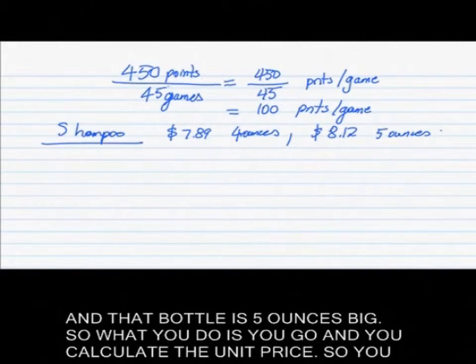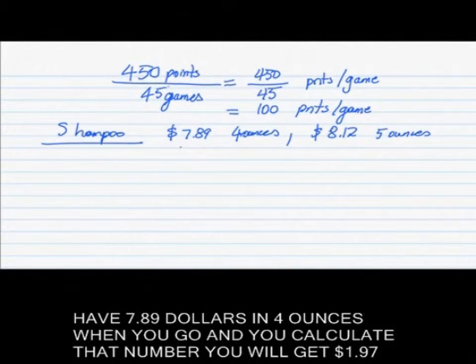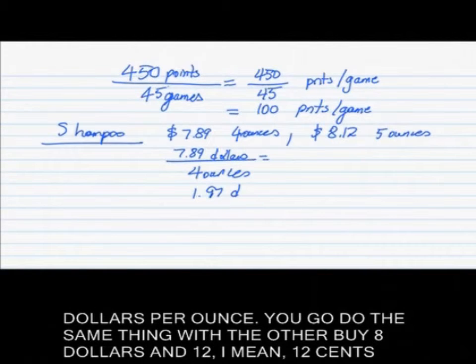So what you do is you go and you calculate the unit price. So you have $7.89 in 4 ounces. When you go and you calculate that number, you'll get $1.97 per ounce.